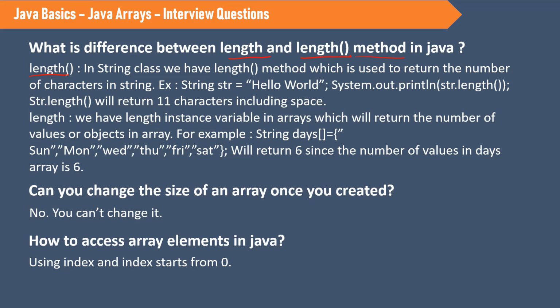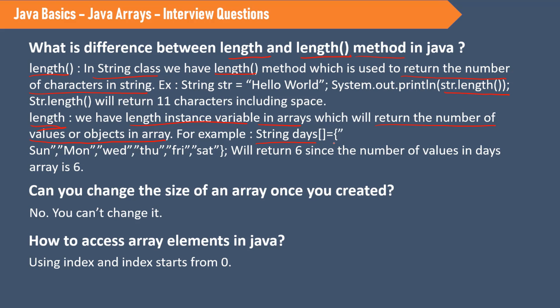In string class we have length method which is used to return the number of characters in a string. So the example is str.length. Length is an instance variable in arrays which will return the number of values or objects in an array.